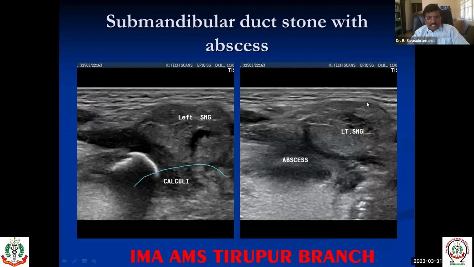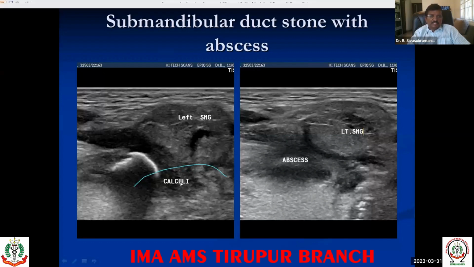You can see the enlarged submandibular gland. Again, the submandibular gland appears homogeneous in a normal gland. When it's infected, you can get an enlarged gland with a dilated duct, and the gland appears slightly heterogeneous in echo texture. And you see a calculus. Because of this calculus, there's secondary infection and abscess, again causing fever in this patient.